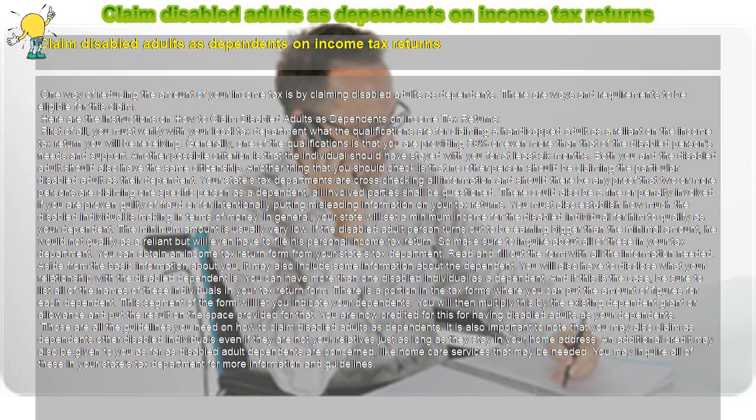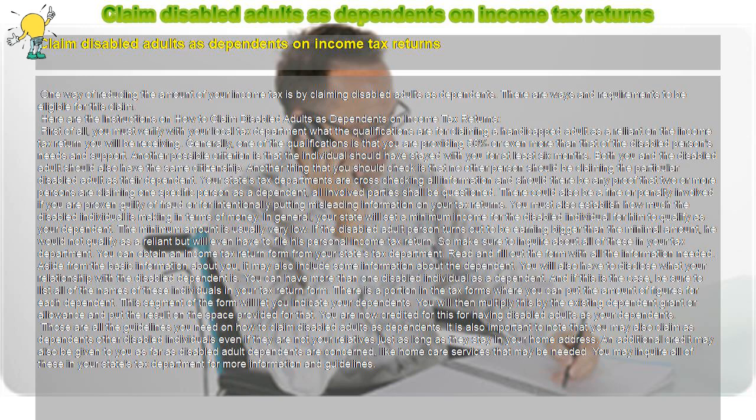If the disabled adult turns out to be earning more than the minimum amount, he would not qualify as a dependent and will even have to file his own personal income tax return. So make sure to inquire about all of these in your tax department.